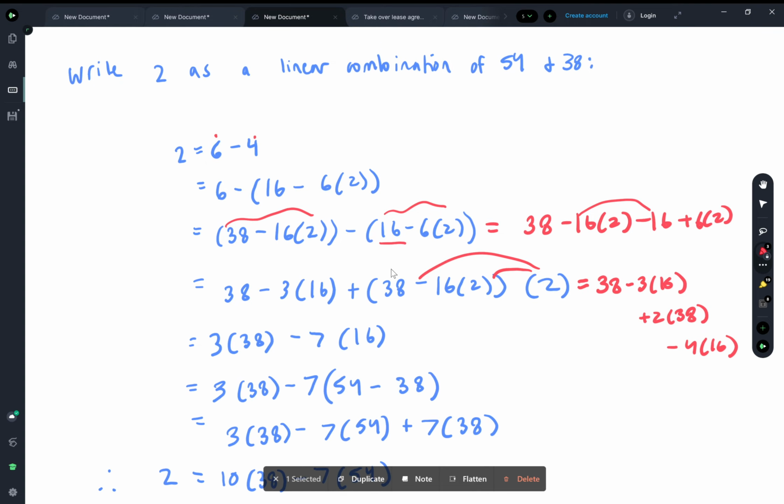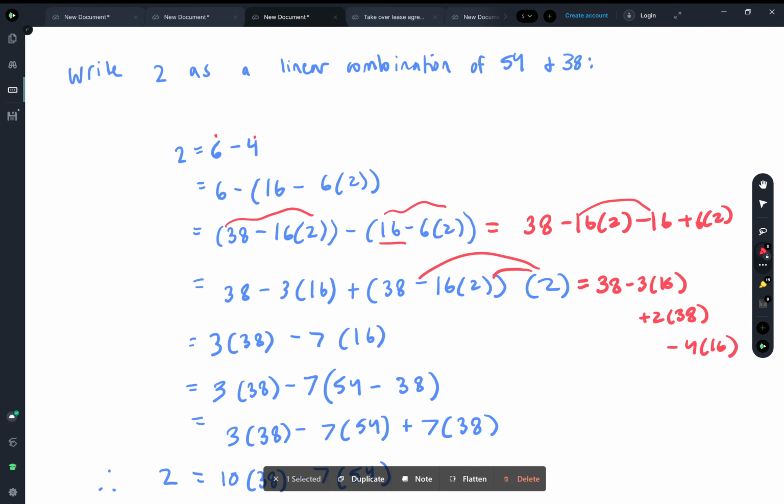We have 3 times 38 minus 7 times the new replacement, which is 54 minus 38. Now we distribute everything: 3 times 38 minus 7 times 54 plus 7 times 38. Now we are finally in terms of only 54 and 38.